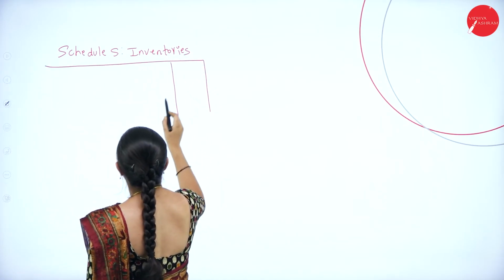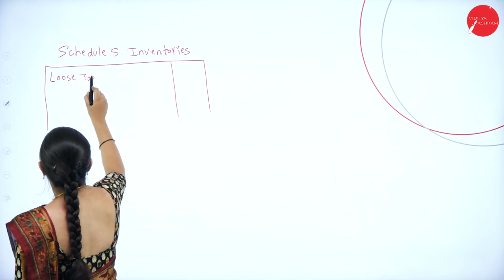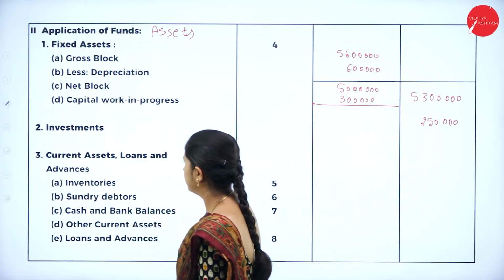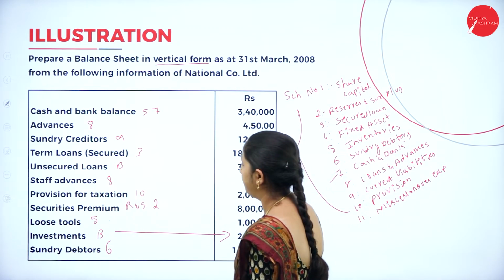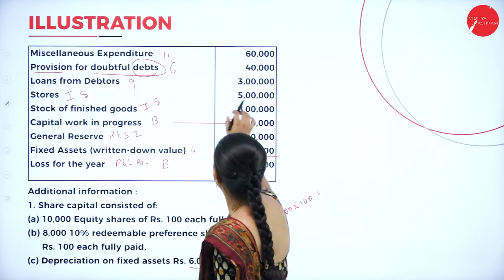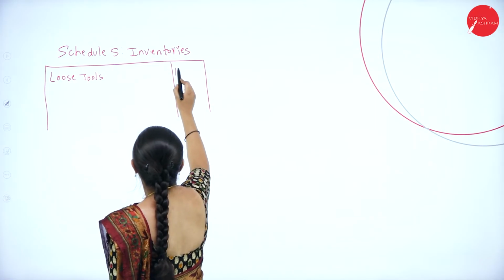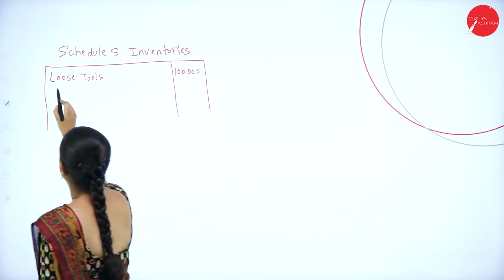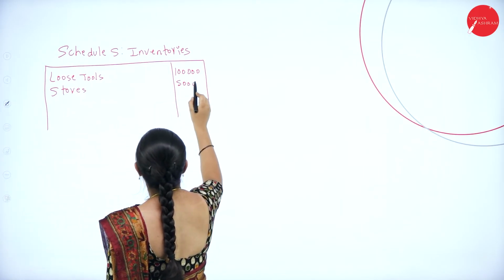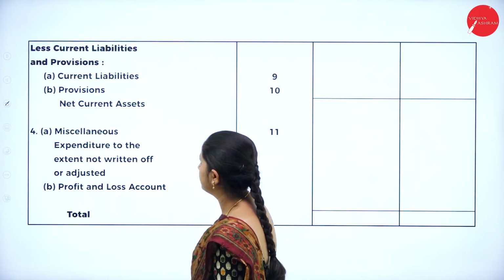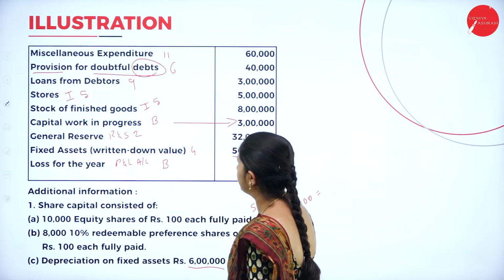First inventory item is loose tools. Loose tools is 1 lakh. Next, stores 5 lakh. Next, stock of finished goods 8 lakh.